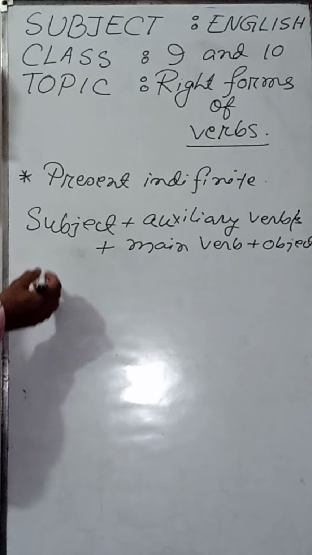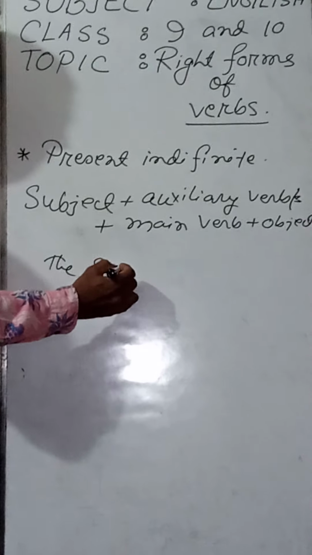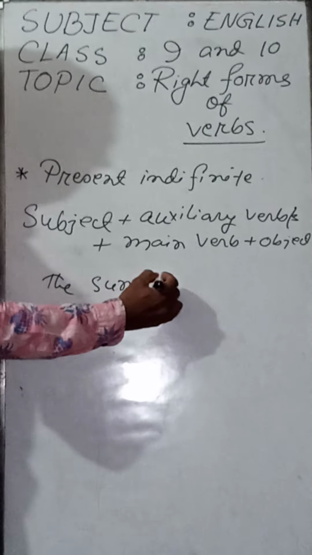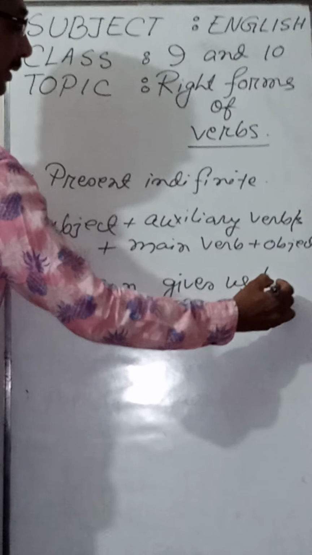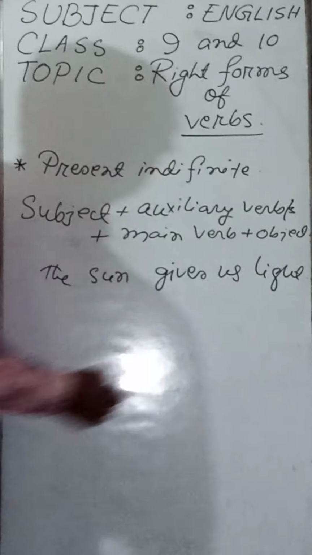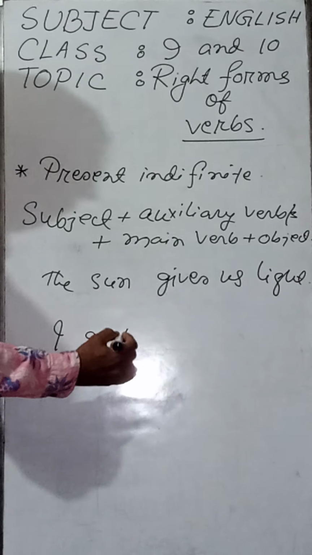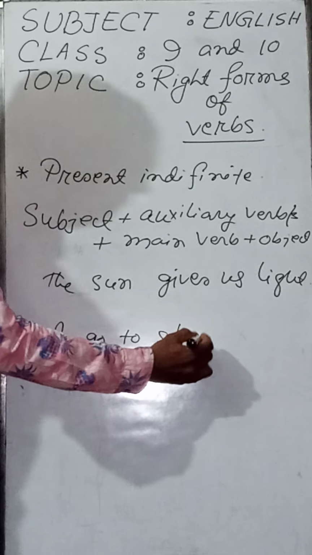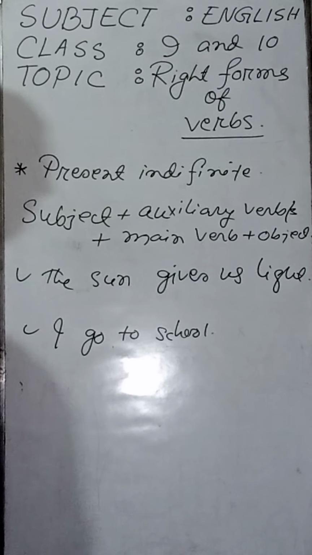Here I am giving an example. The sun gives us light. I go to school. Here, these are 2 sentences.